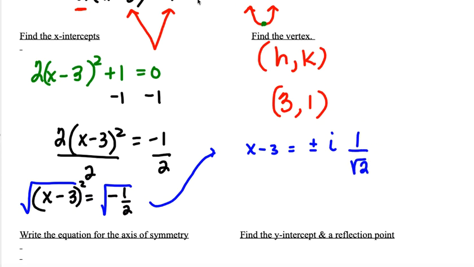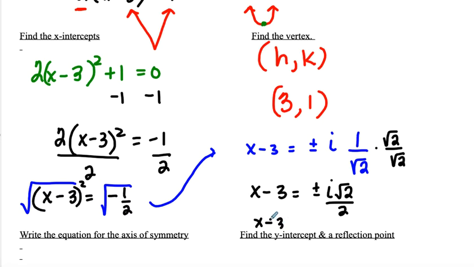Now, I have to rationalize that, so that's going to give me root 2 over root 2. So now I have x minus 3 equals 1 times i is i, so plus or minus i root 2 over 2.